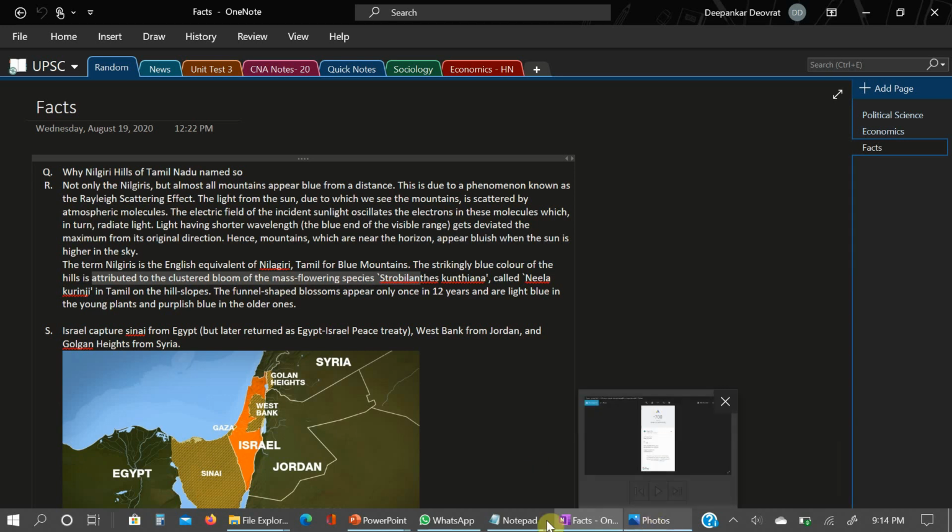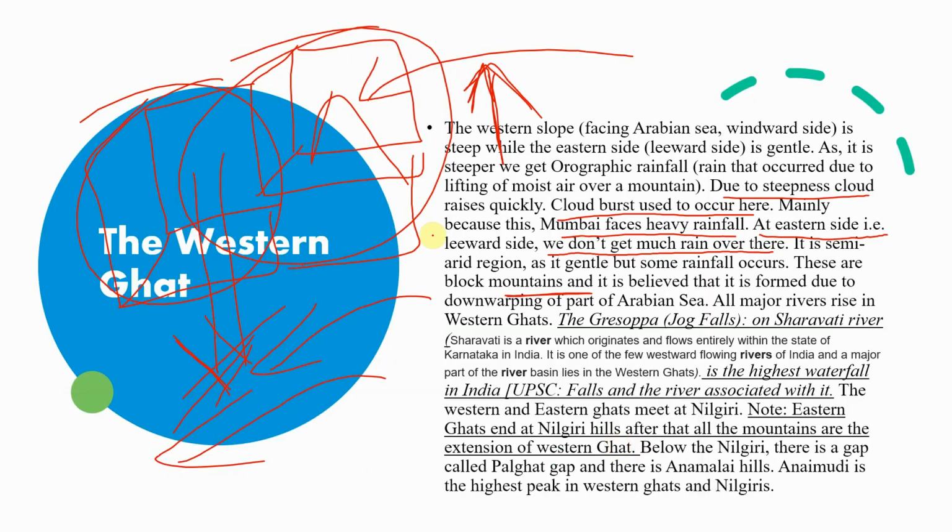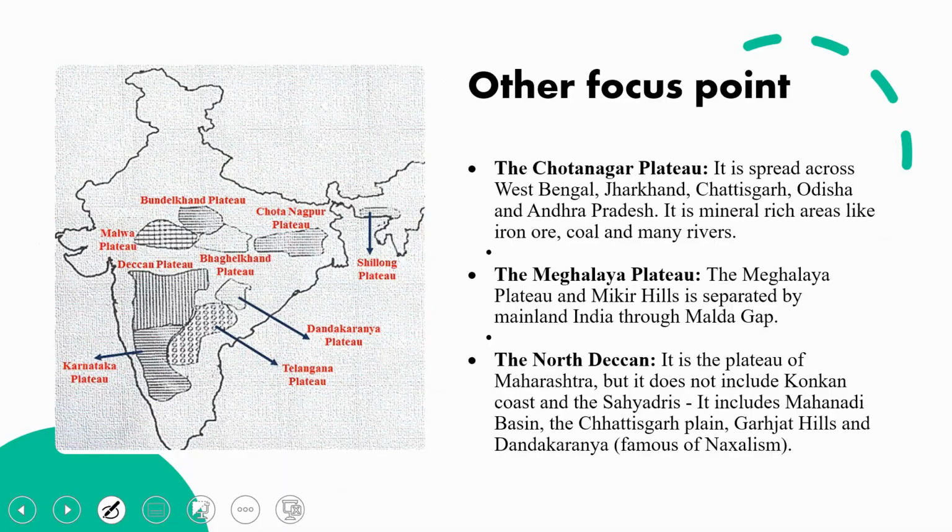So the whole mountain looks blue because of that flower. That's why we call it the Nilgiri mountain, which is present in your Tamil Nadu region.